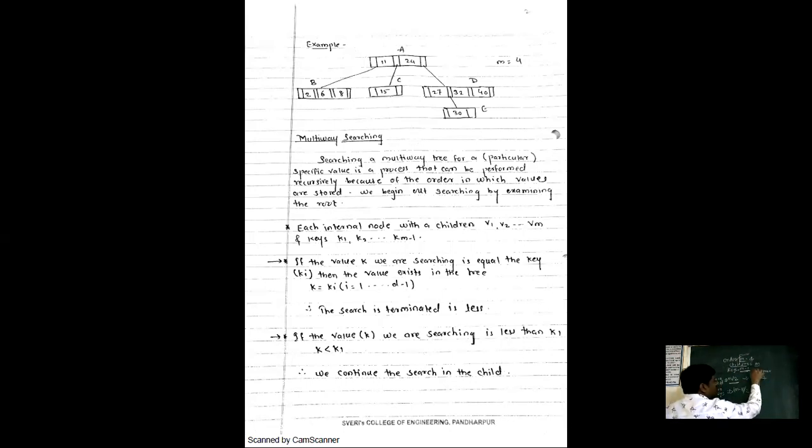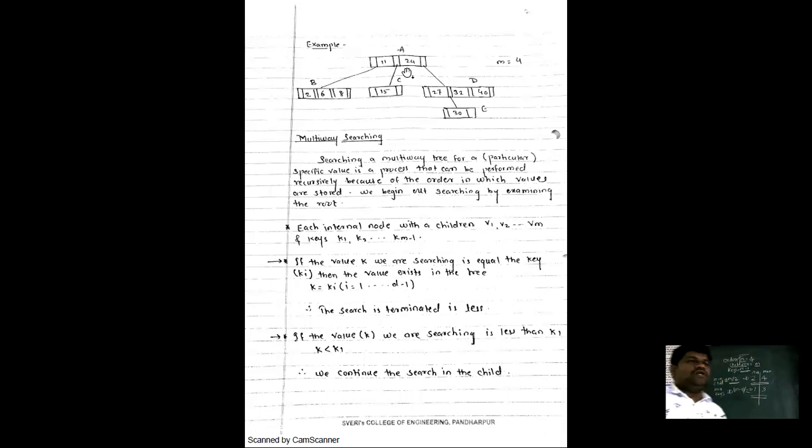Keys: 3 divided by 2, so the integer value 1 is the minimum, and the maximum is 3. So these rules you need to remember when you are designing any multi-way search tree.